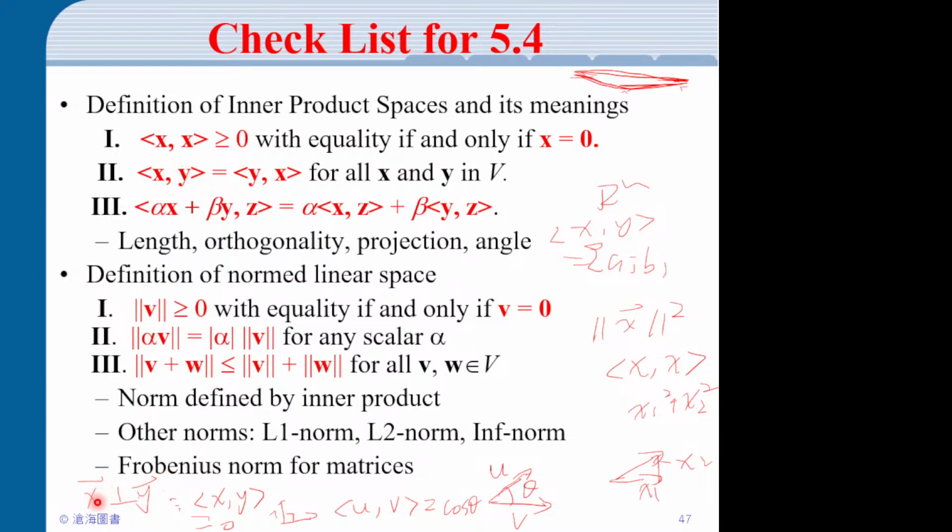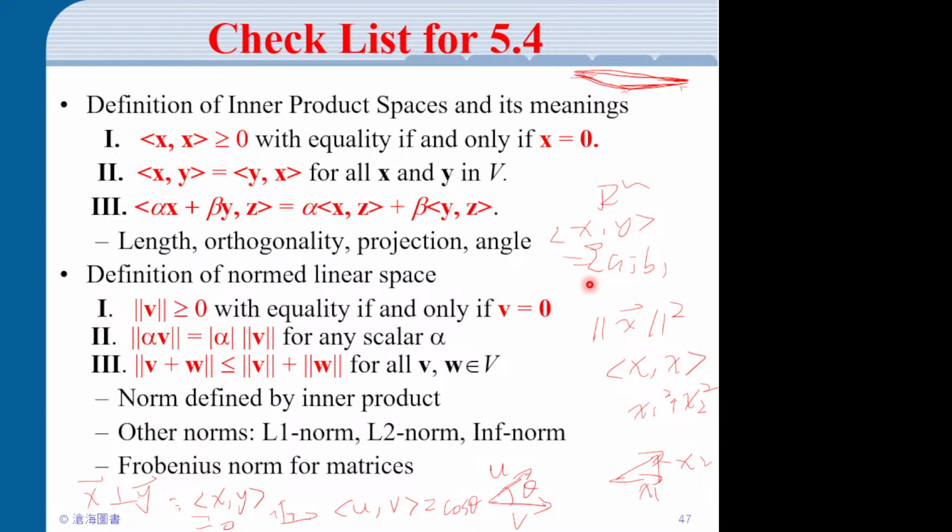Two vectors are perpendicular to each other if the inner product is 0. We also have a more refined definition of angle: if you have two unit vectors, then their inner product is the cosine of their angle theta.